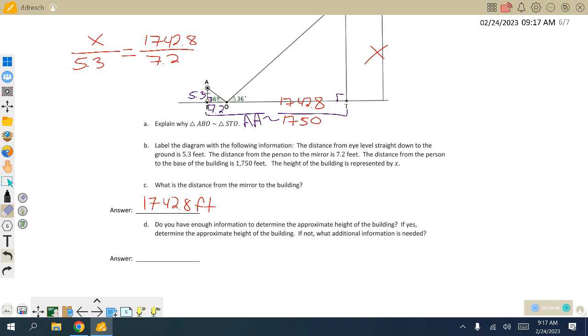Again, this is why you've got to have calculators. Cross products we go. 7.2x equals, and if you can do that in your head, more power to you, 5.3 times 1742.8. So check your calculators as well. It's easy to make mistakes. And then we're going to divide by 7.2, right?